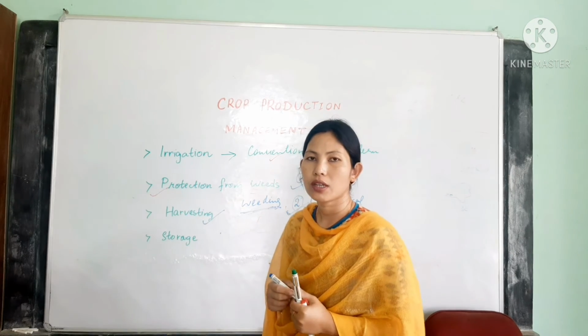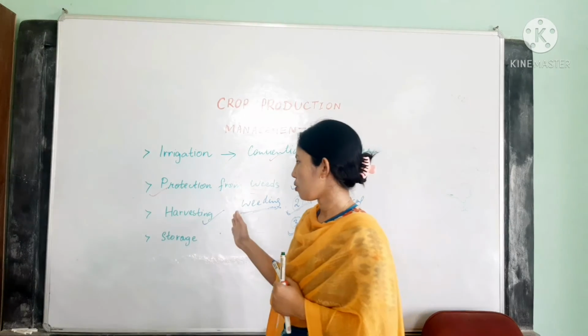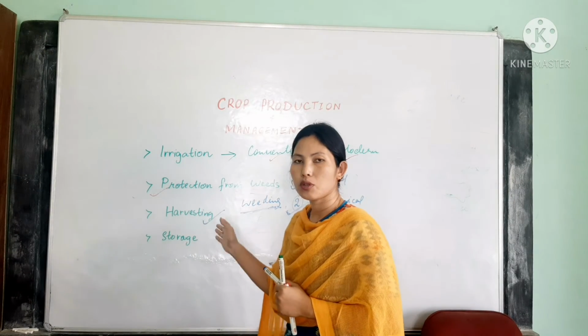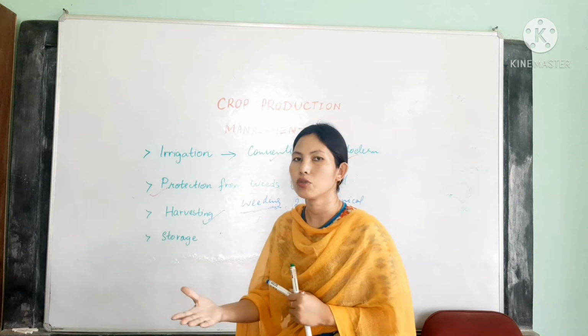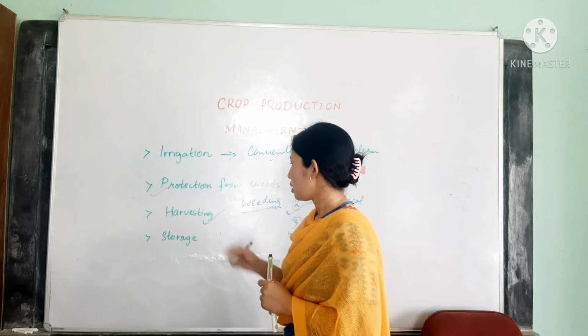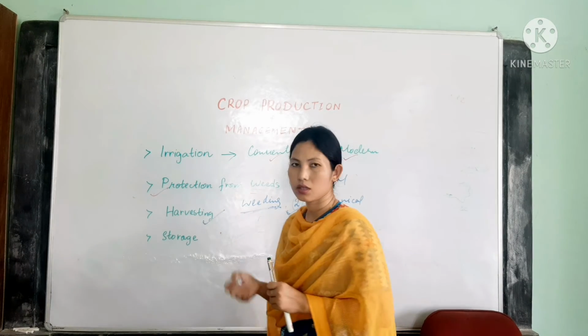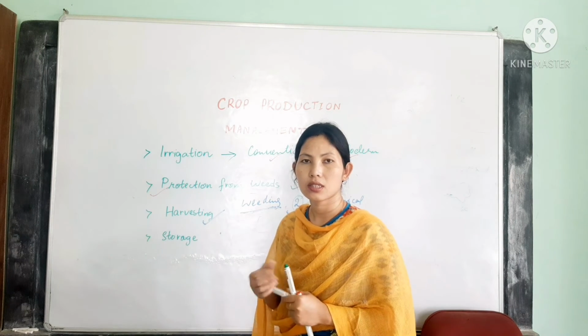Then next is harvesting. Harvesting is finally the time when we get our produce. The products that we are going to obtain from our crops, we are finally going to get them. This harvesting can be done with some machines or tools. Tools like the sickle.